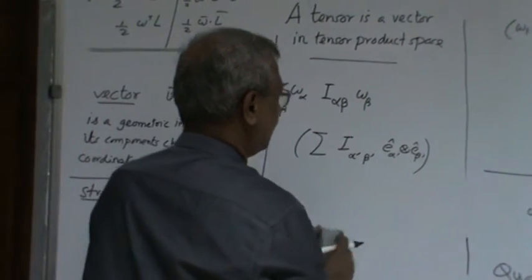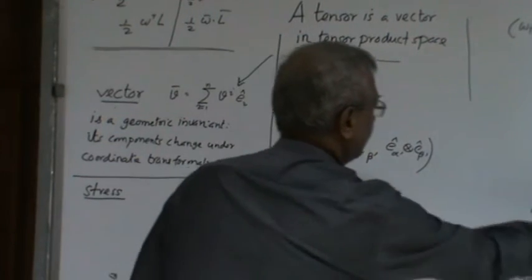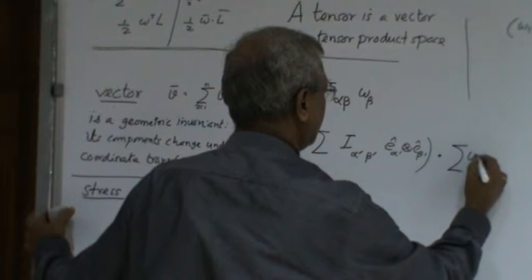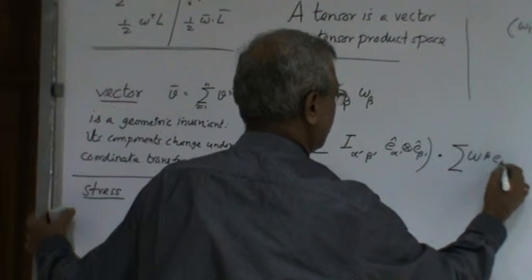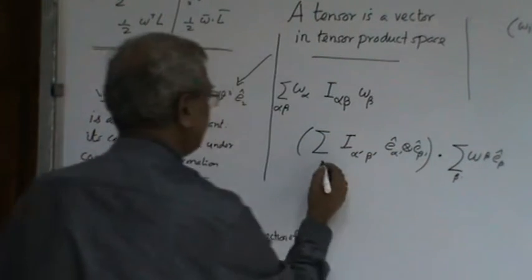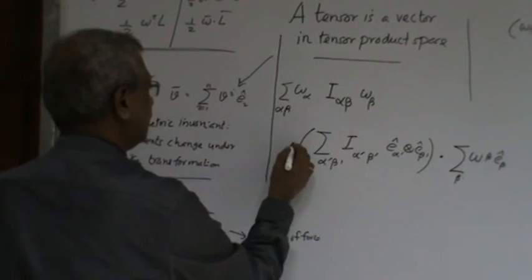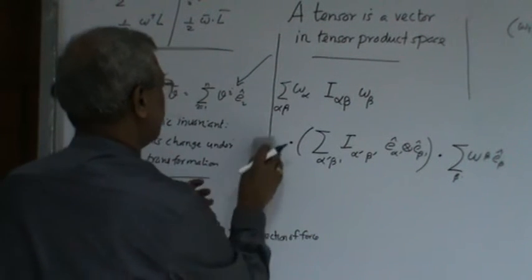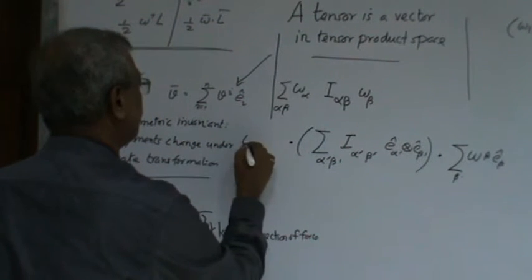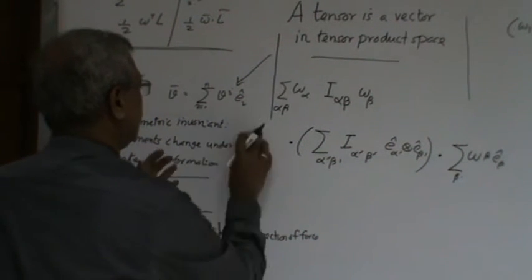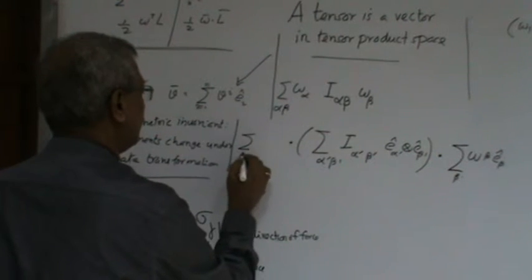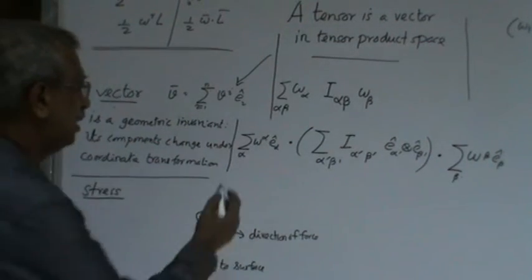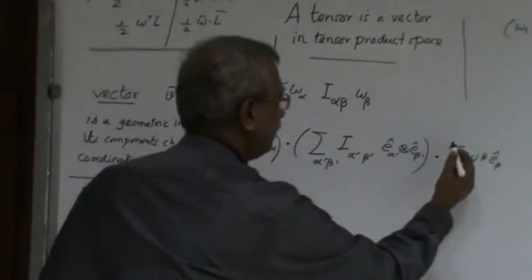This is one object that we have, and I'm taking a dot product of this one with this one. Supposing this is still not the final one, but I'm just trying to motivate.